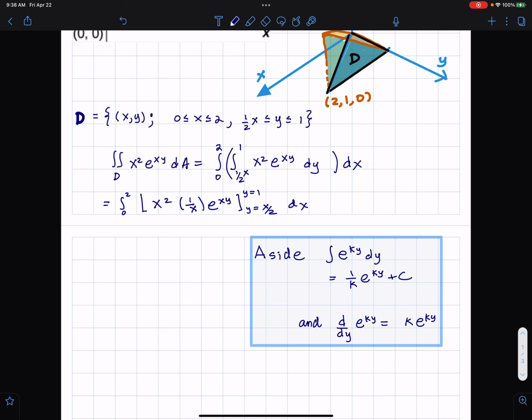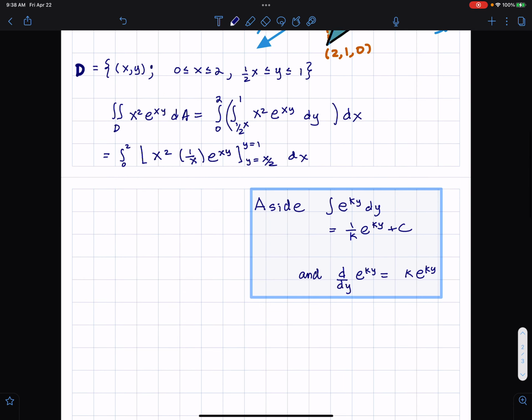Alrighty. And of course, we have a little bit of cancellation with x squared divided by x is x. And now I will go ahead and plug in y equals 1 first, and then y equals x over 2 with subtraction. So it's going to be e to the x times 1 minus e to the x times x over 2.